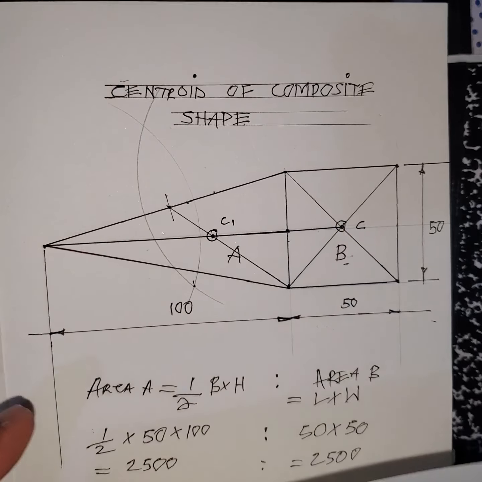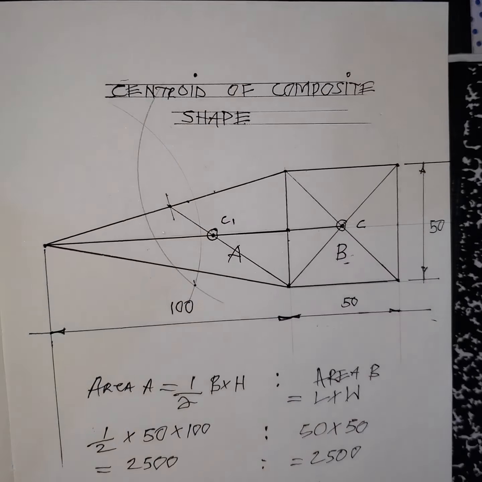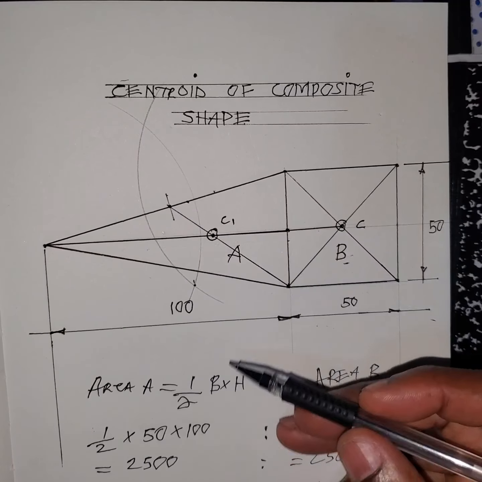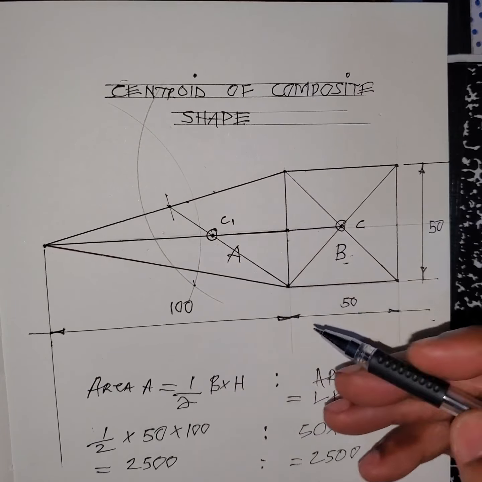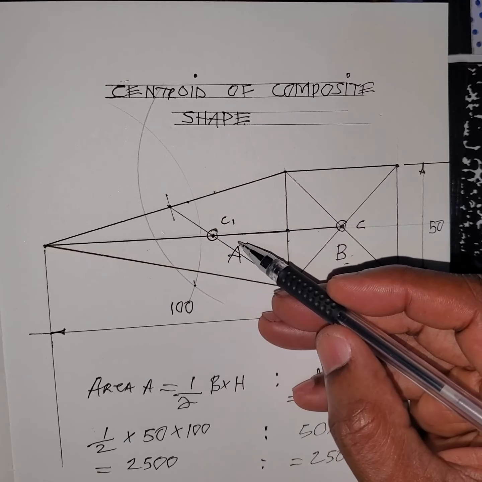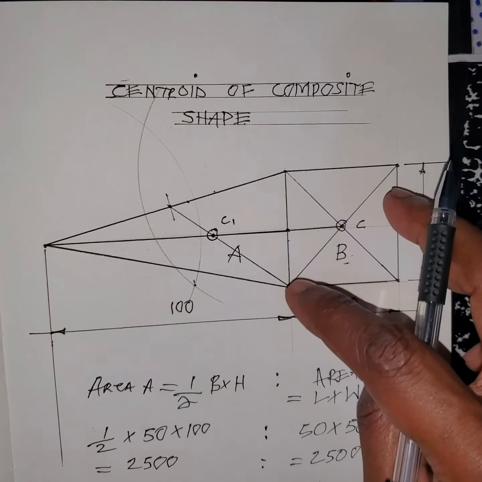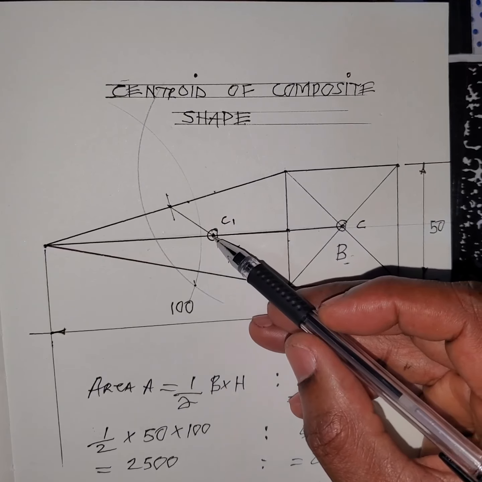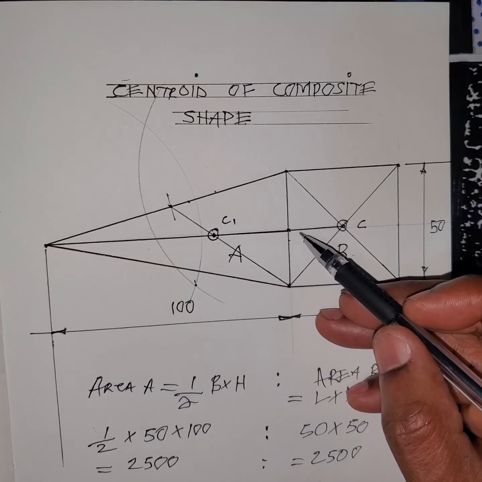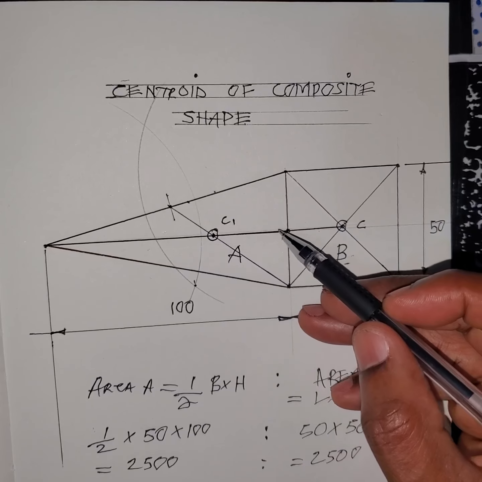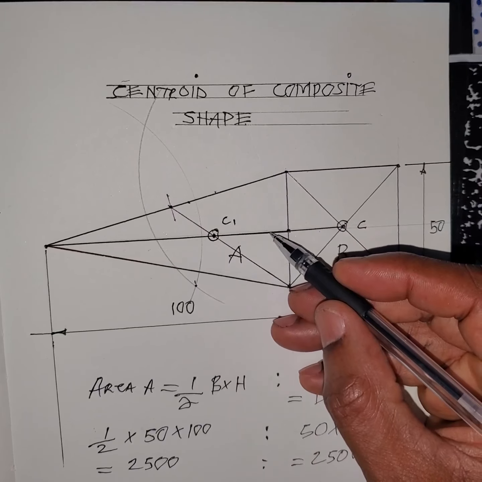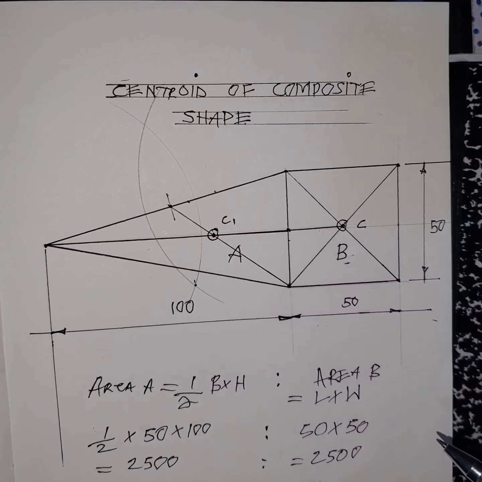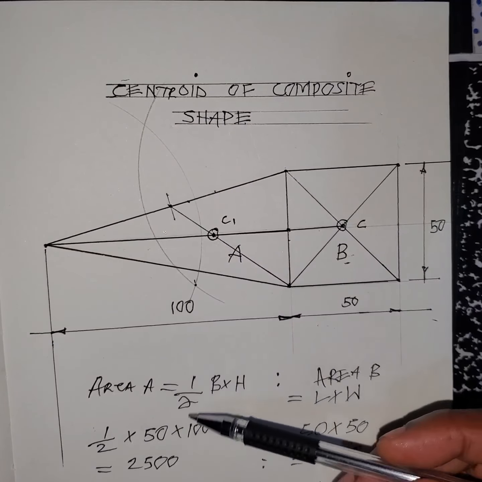And the rule states that to find a centroid for a composite shape, we simply find the area of each part, break it down into a ratio, and then divide the distance between both centroids by the ratio, then mark off the smaller portion closer to the larger side.